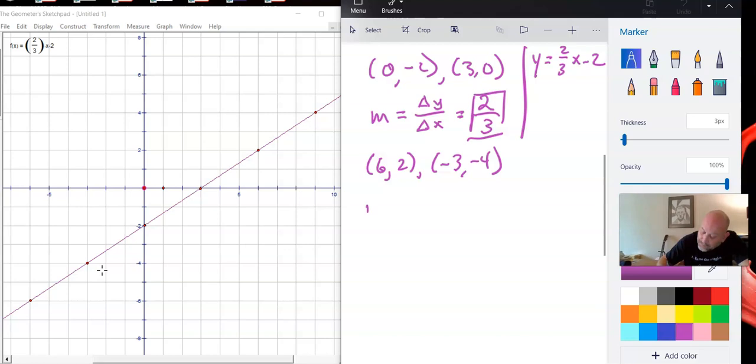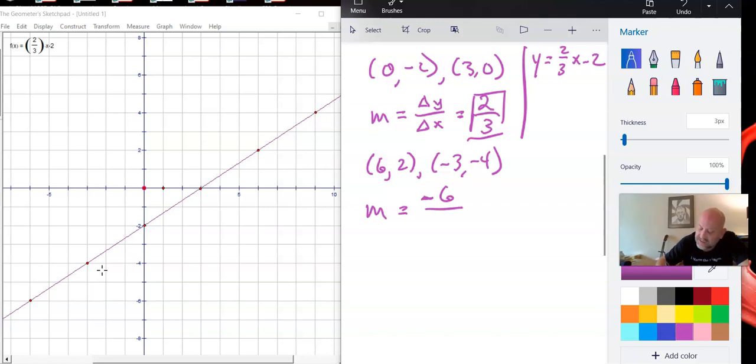Okay, so again, change in y. Y goes from 2 down to negative 4. So that's a decrease of 6, so my change in y is negative 6. Now my change in x.